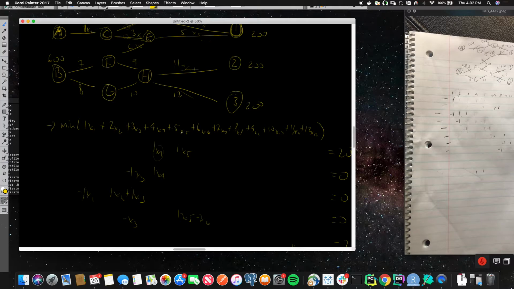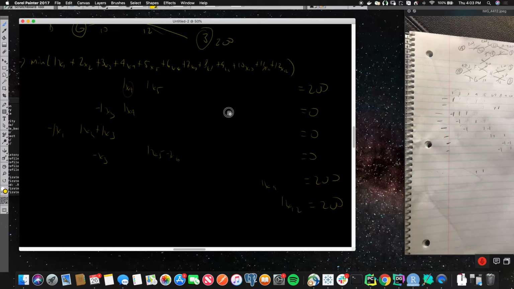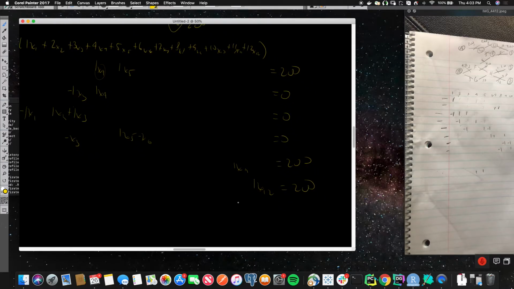What's the next one? So now we also know that whatever's coming through x9 and x10, x11 and x12 have to sum to that. So 1x11 plus 1x12 minus 1x10 minus 1x9 is equal to 0.